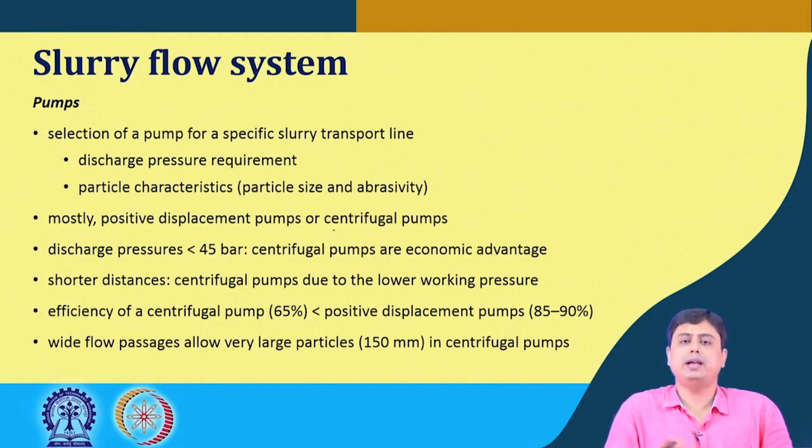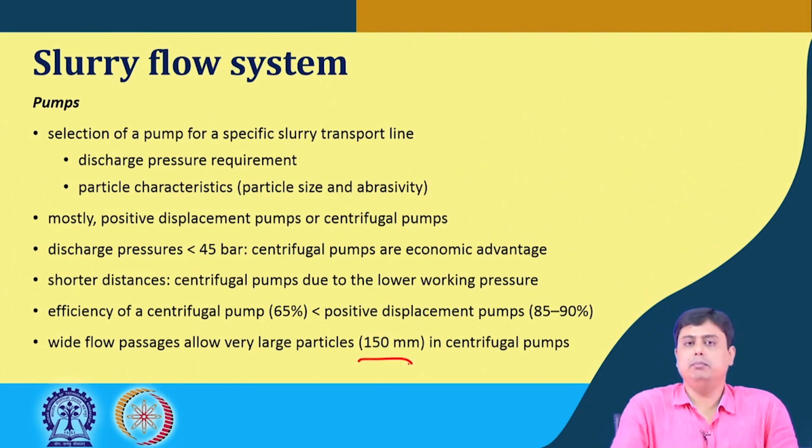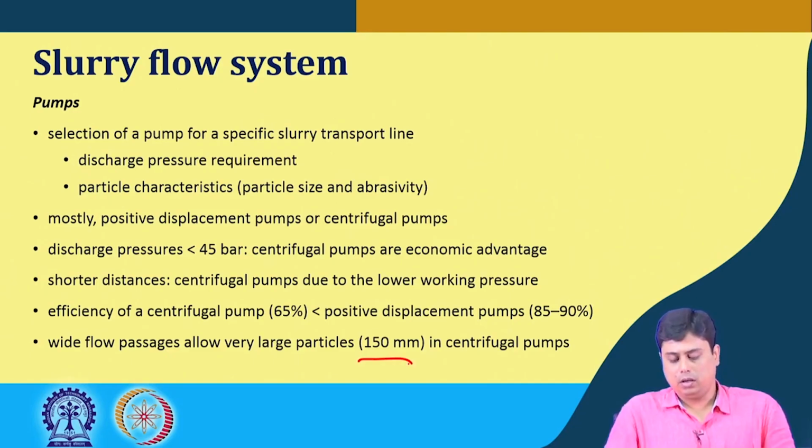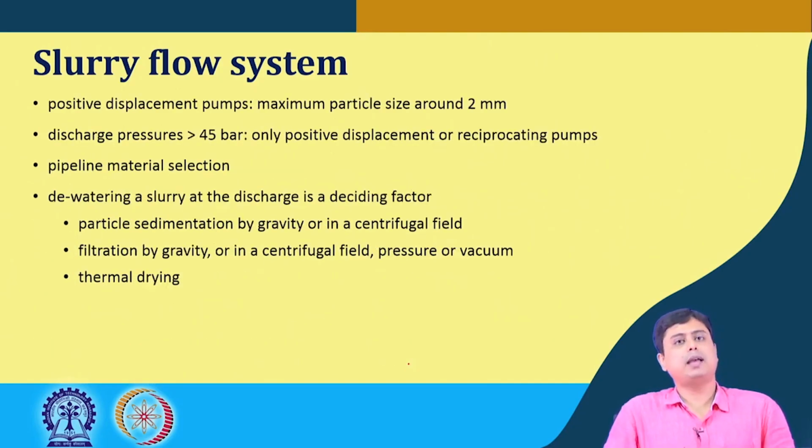We will not go into the design details here, but this wide passage also allows very large particles to be pumped by centrifugal pumps, around 150 millimeters. On the contrary, a positive displacement pump can handle a maximum particle size of 2 millimeters. So, you already have a selection criterion there. If the discharge pressure is greater than 45 bars, then only positive displacement or reciprocating pumps can be used. That is technically feasible.